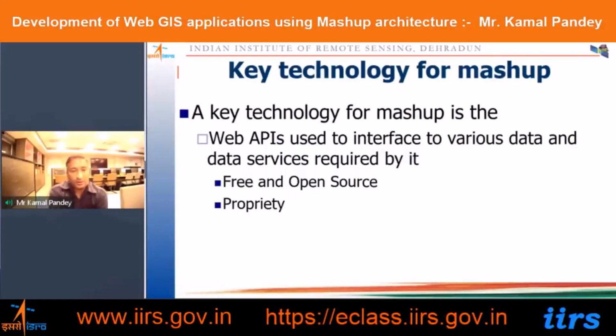So the building block of a Mashup architecture is a web API, or web service. It can be free and open source, and it can also be proprietary, or subscription based APIs.